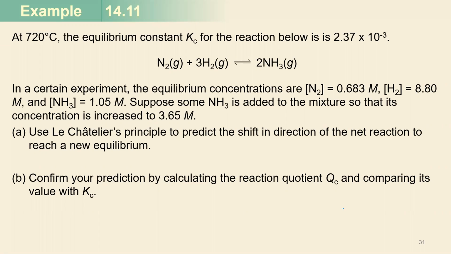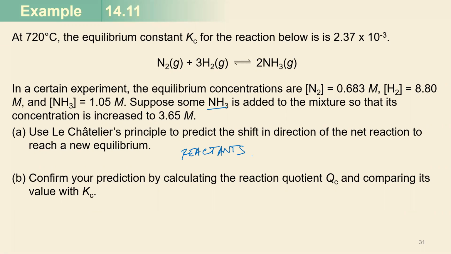Suppose some NH3 is added to the mixture, so the concentration is increased to 3.65. So increasing the concentration of NH3, which direction is that going to shift our equilibrium? Toward the reactants or toward the products? Reactants. Yeah, we're adding a product, so this is going to shift to the reactants.